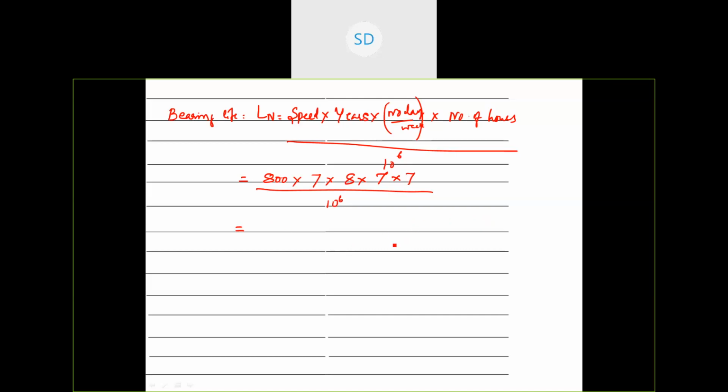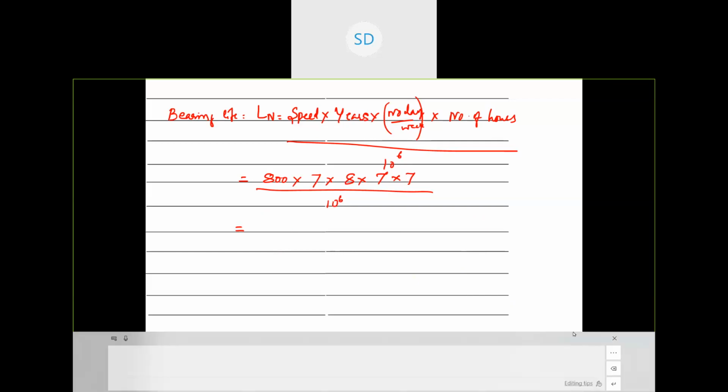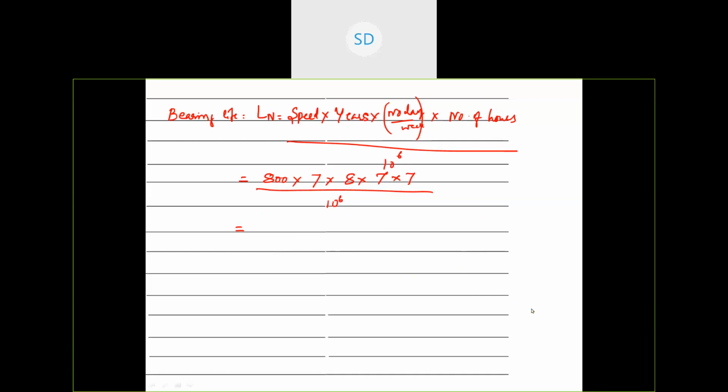Just type in chat box. 2.1952. I'll just ask one question here: whether the calculated value is right or wrong.